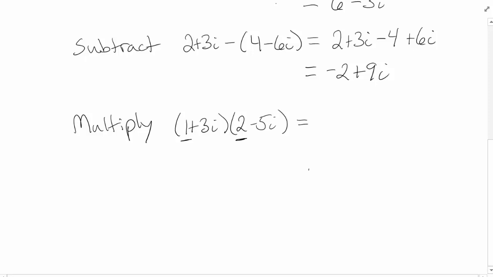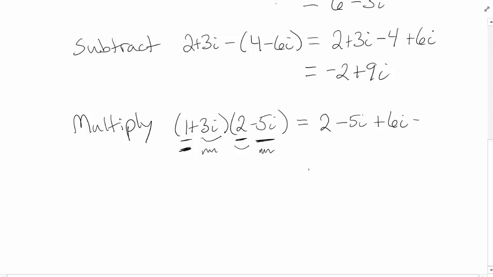So I'll have a 1 times 2, that gives me 2, and then a 1 times a negative 5i, that gives me a minus 5i, and then a 3i times 2, that gives me a plus 6i, and then for the last one, I'll do 3i times a negative 5i.